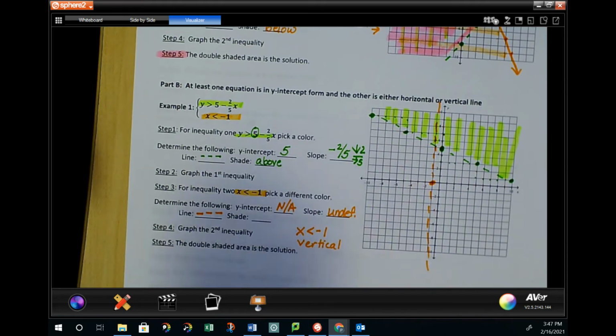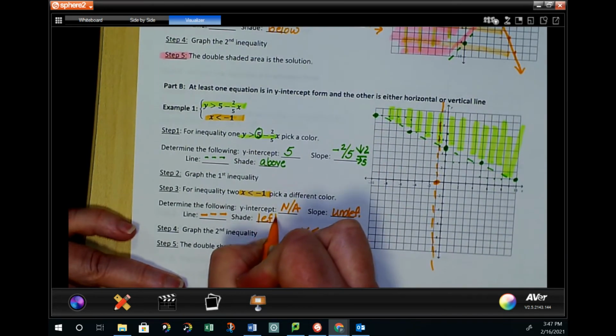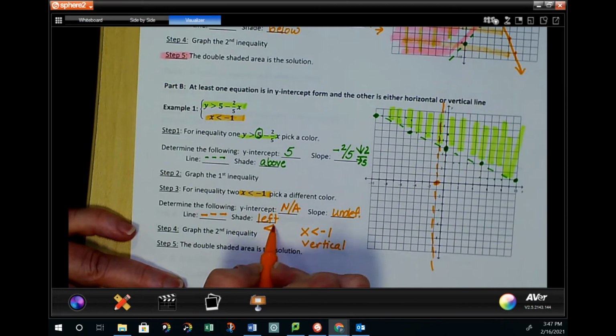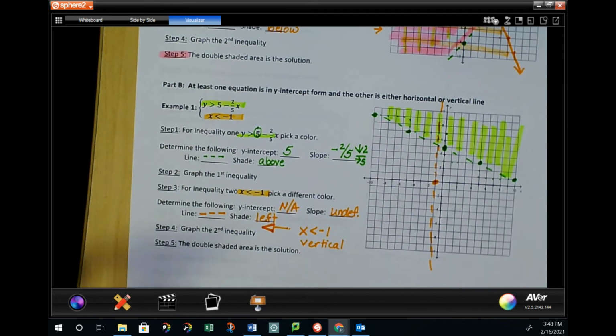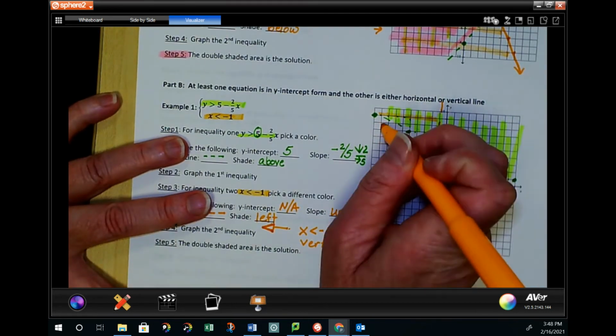And so the part where we shade, this one is going to be to the left. We're going to shade to the left because that inequality is like an arrow pointing to the left. So that's why I know to shade to the left. So now I'm going to shade everything to the left of my dotted line.